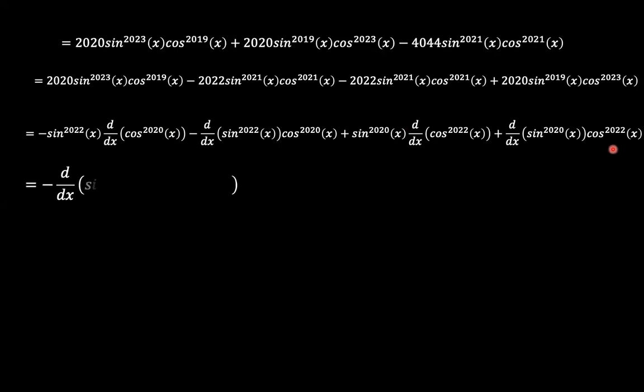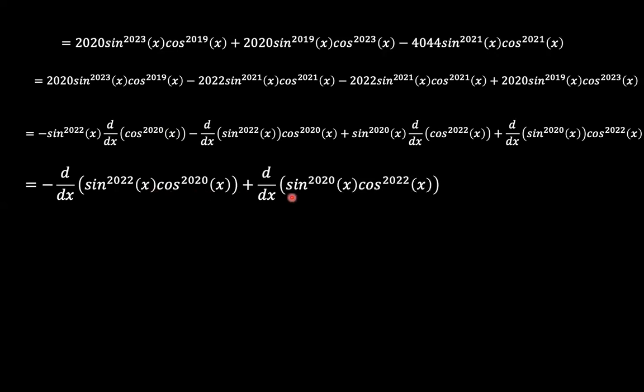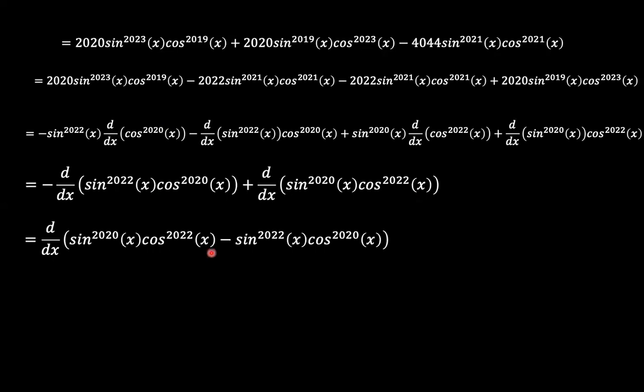So this means that we just have a negative of the derivative of sine to the power 2022x times cosine to the power 2020x plus the derivative of sine to the power 2020x times cosine to the power 2022x. So we can bunch all that together so that the expression above is the same as just the derivative of sine to the power 2020x times cosine to the power 2022x minus sine to the power 2022x times cosine to the power 2020x.